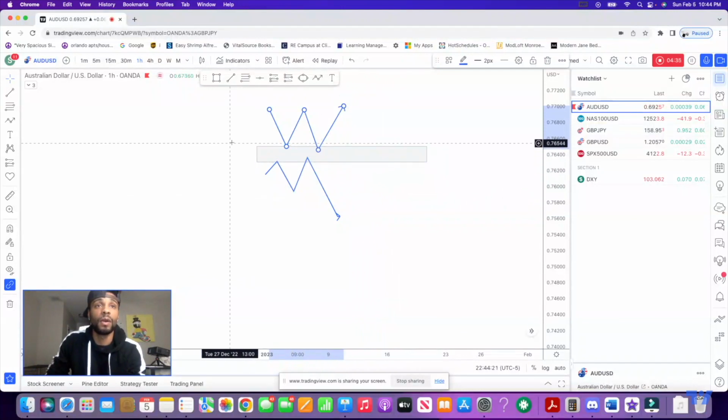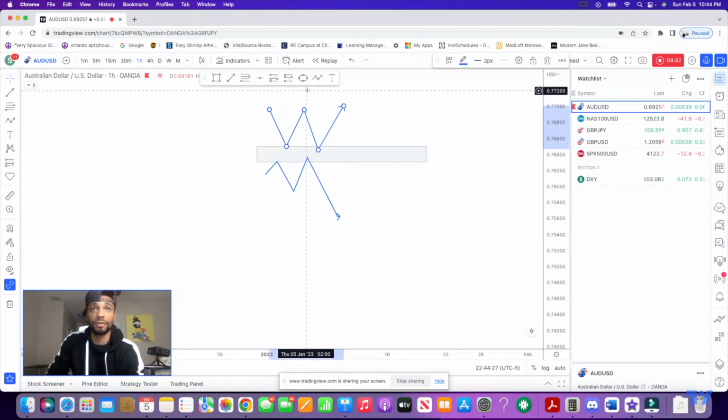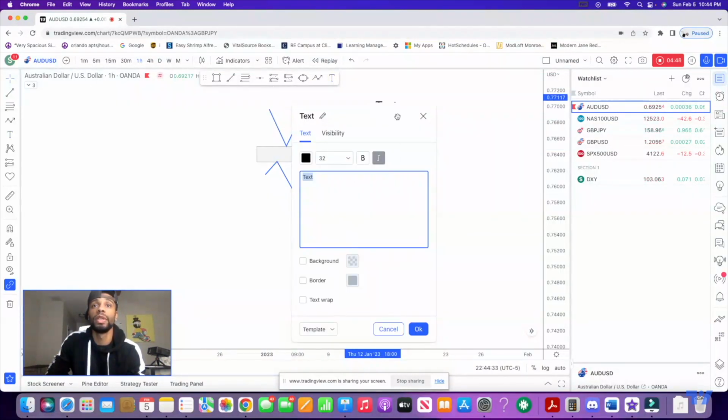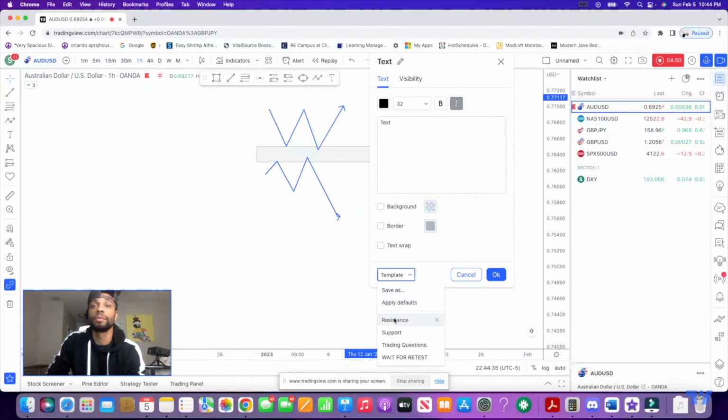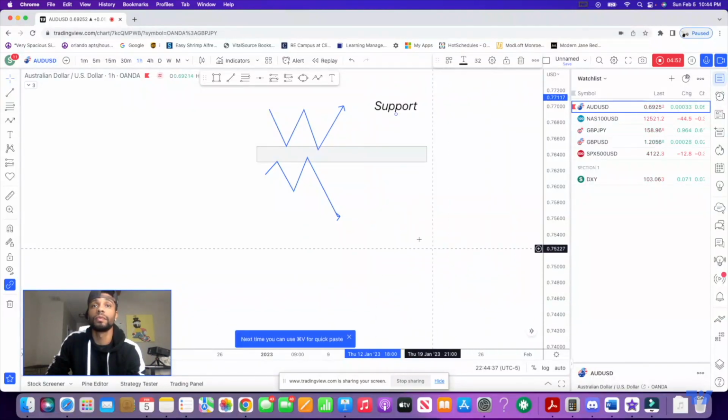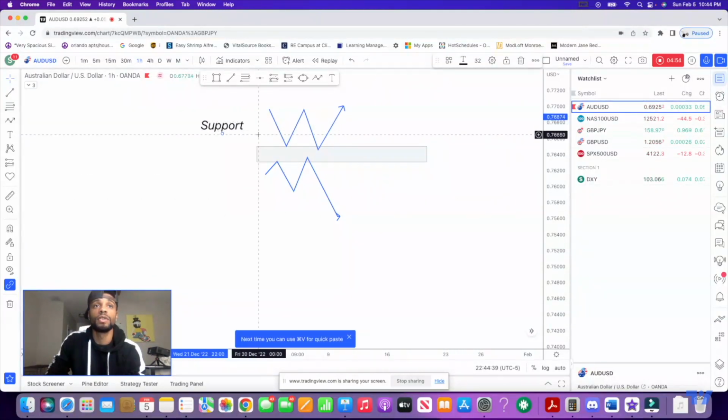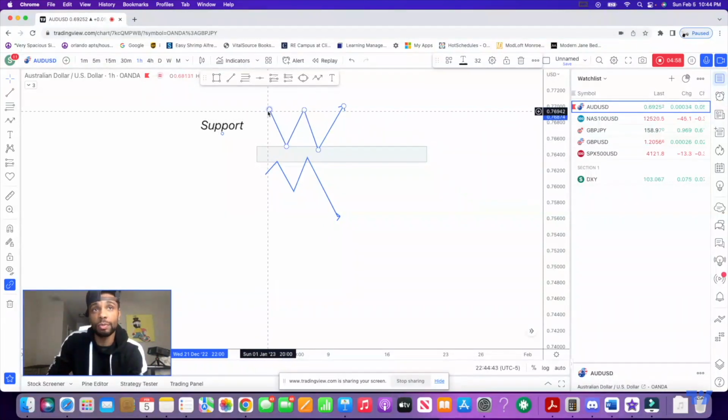Now, which side is support and which side is resistance? Support would be the top, up here. Why do we call this support? Because this zone is supporting price.